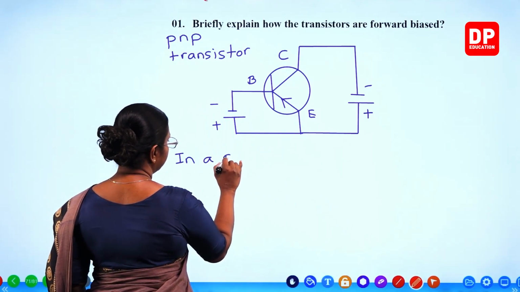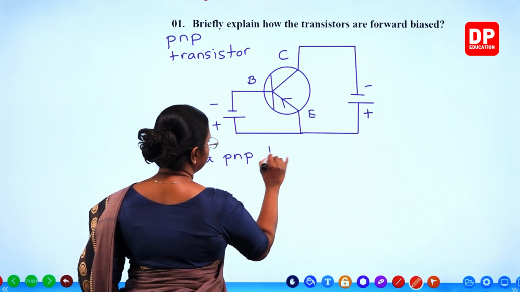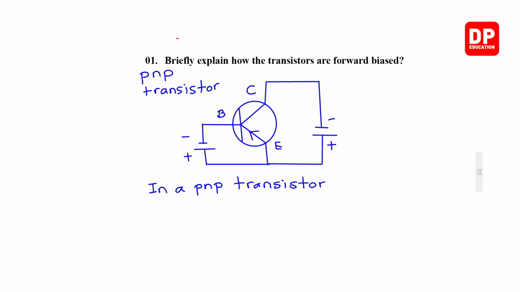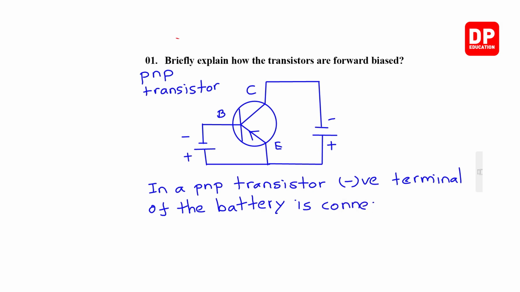In a PNP transistor, the negative terminal of the battery is connected to the base.